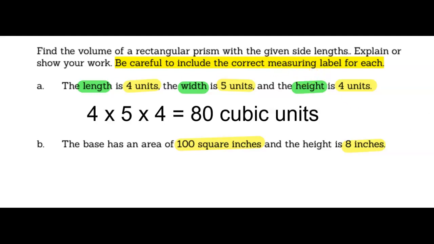And then we know that volume is the base times the height. Length times width gives you the base, gives you the area of the base. This time they just cut it short. They said, we're going to have 100 times 8. We're going to make life easy for these kids. So we take 100 times 8.